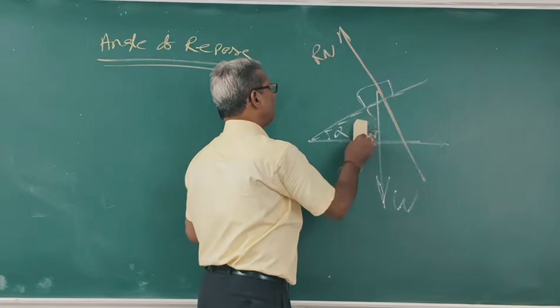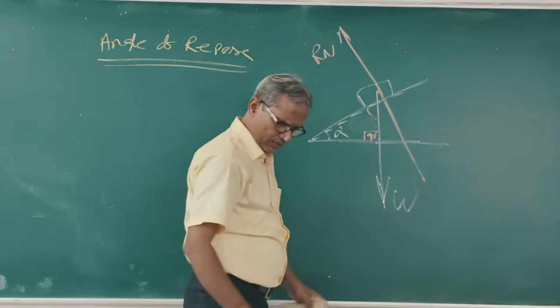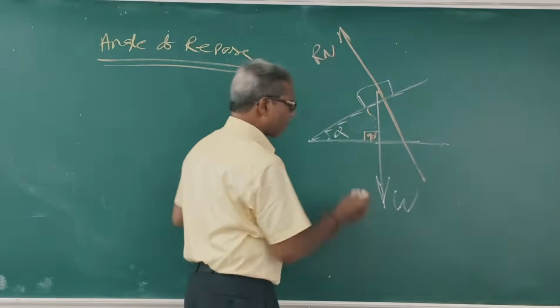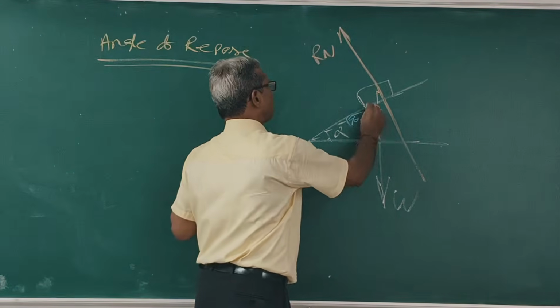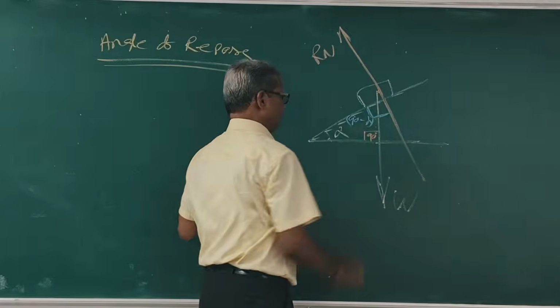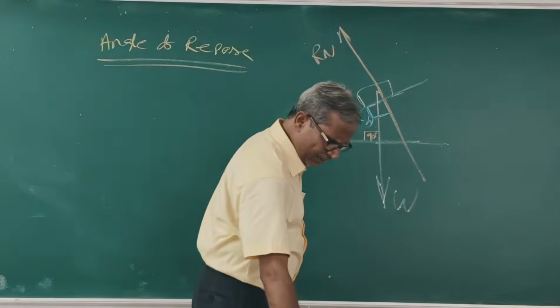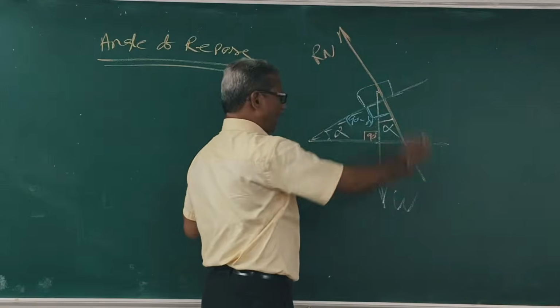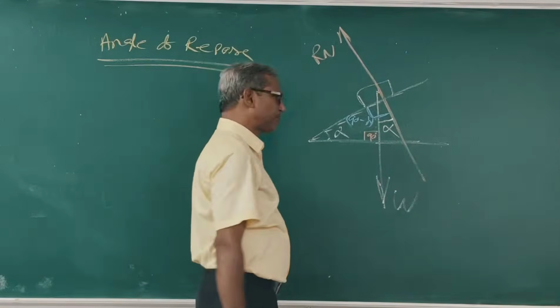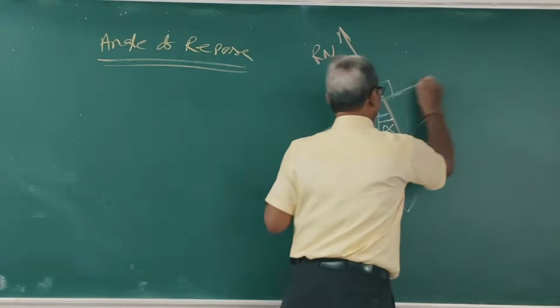This is 90 minus alpha. So this angle is 90 degree, this angle is 90 degree. So what is this angle? Alpha. Clear?